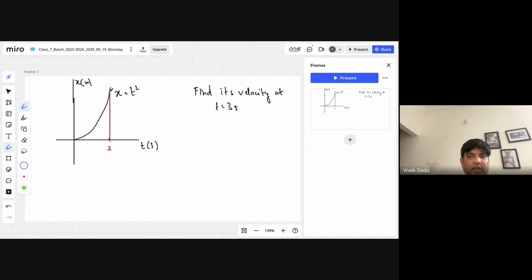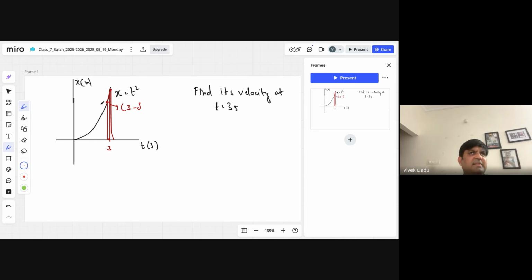Then we say, okay, the small part of the curve which is passing through 3 seconds is a straight line. Remember? This part to this part is a straight line. Then I say, what is the time at this point? 3 minus delta.